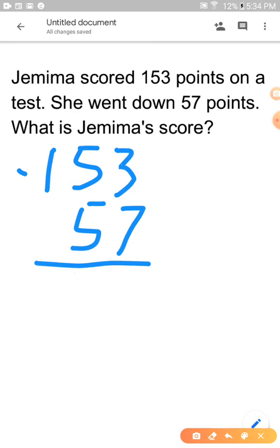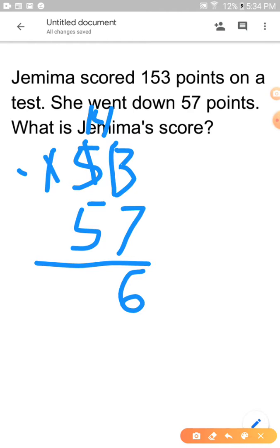Alright, so let's try our problem. And if you look to the left, you'll obviously see that we have a problem. We see that the 3 is smaller than 7. So it looks like we're going to have to borrow. Let's borrow from 5. And now we got 4. Now it's no longer 3, it's 13. And we get 6. 4 minus 5, we can't do it.